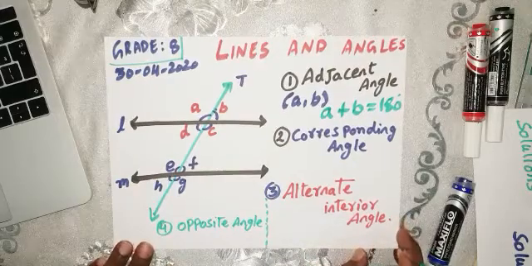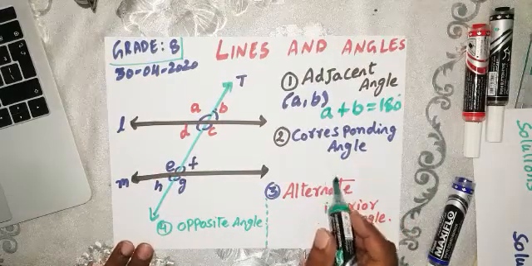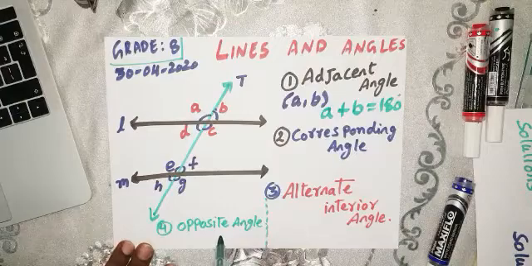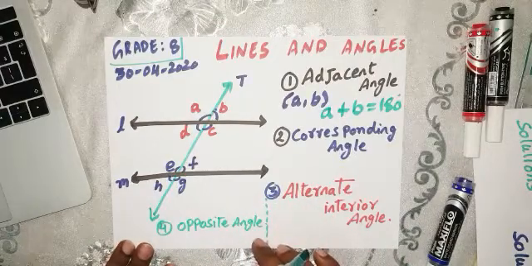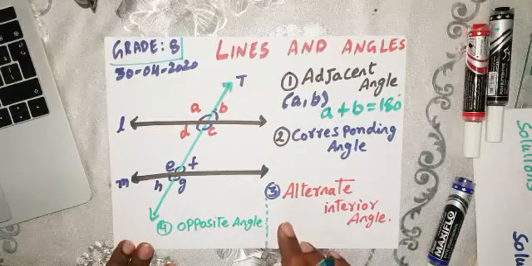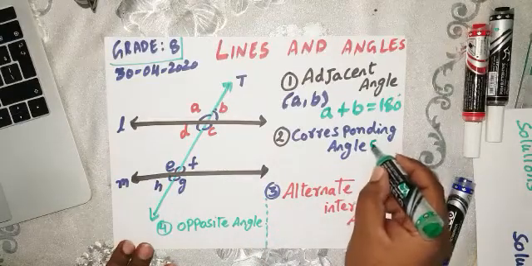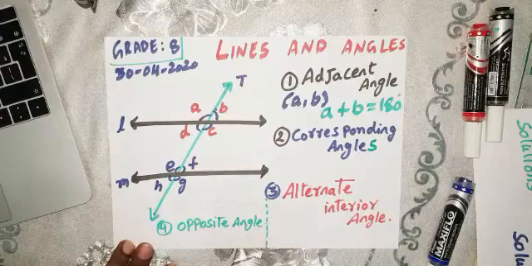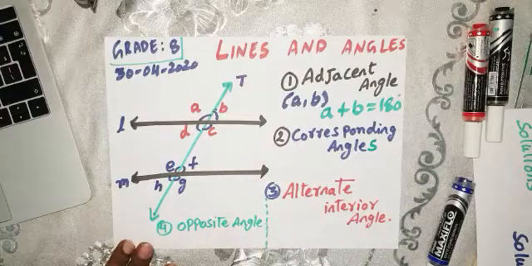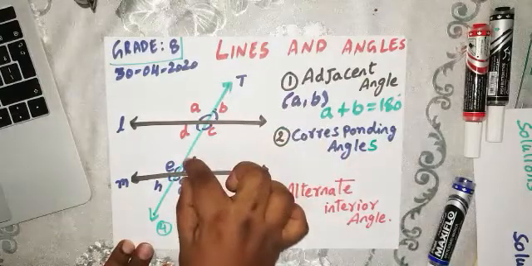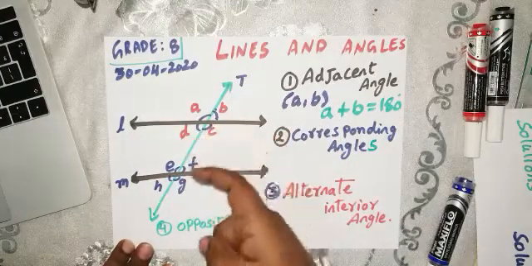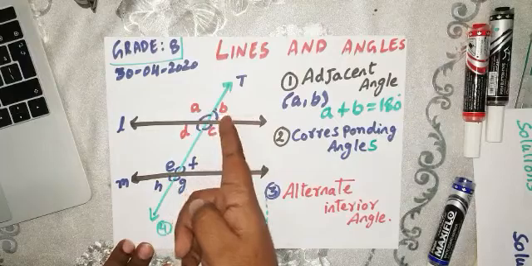Then we also discuss the corresponding angle, which we also discussed in our last class, but most of them are unable to make an idea clear about it. Corresponding angles are the angles which are in exactly the same position. If you observe angle B and angle F, angle B is above the line on the right.